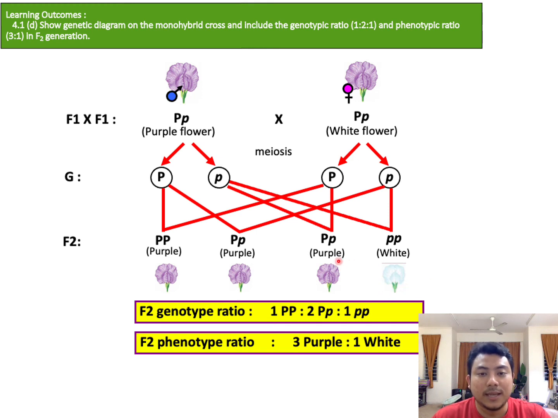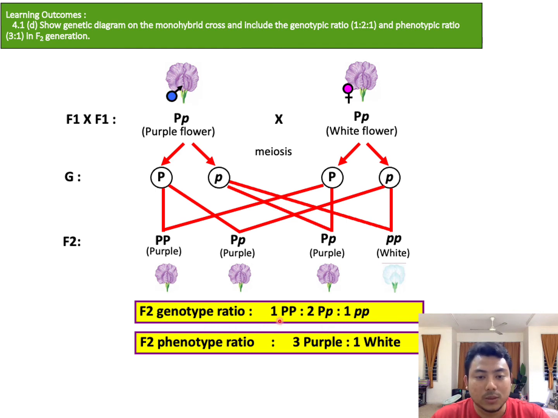Okay, so again, when you are required to draw until second generation, make sure you draw and label this label as well. F1 cross F1, G, and then F2. And for the F2 the genotype ratio is 1 to 2 to 1.